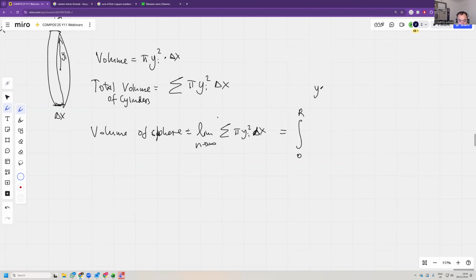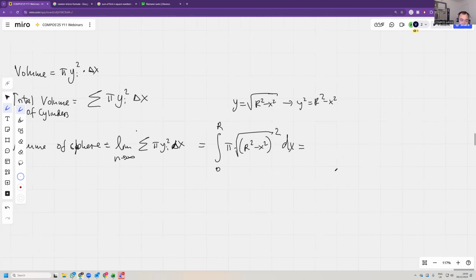So I'm going to stick that in. That means y squared is just r squared minus x squared. It's going to be the integral from 0 to r of pi multiplied by the square root of r squared minus x squared, squared, dx, like delta x becomes dx. I remove the square root because there's a square, and pi goes out. So pi integral of r squared minus x squared dx.